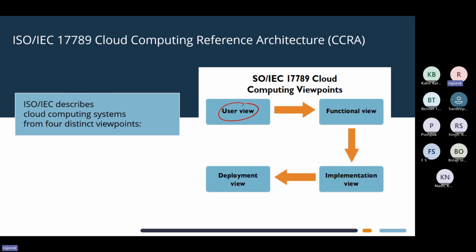So first understand the user view. Now user view is also understanding the system context, the parties involved, the roles, the sub roles which are going to work, and the cloud computing activities which the roles are going to perform, right? So it's a very important view we have.